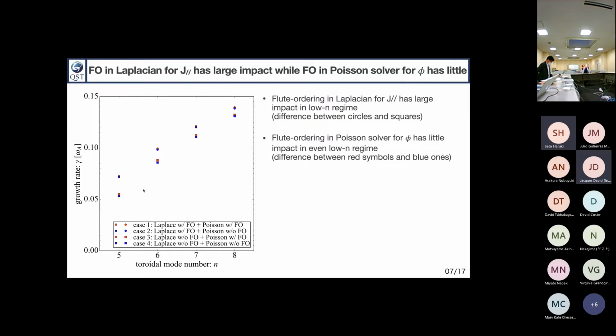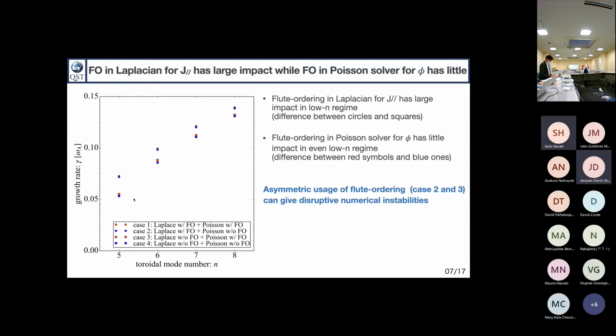And from the difference between the red colored symbols and blue colored symbols, it is found that the flux ordering in the Poisson solver for electrostatic potential phi has little impact in the low n regime. So, the difference between the red and the blue circles, and between the red square and blue square, is small.